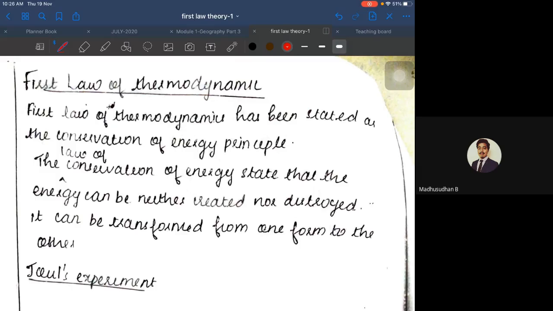So understanding the concepts of work and heat, the first law, and the second law will complete your understanding of thermodynamics. Whatever you require from thermodynamics is only with respect to these three chapters. Number one is work and heat. Number two is the first law. Number three is the second law of thermodynamics. So understand this very, very well. These are very important for the examinations.